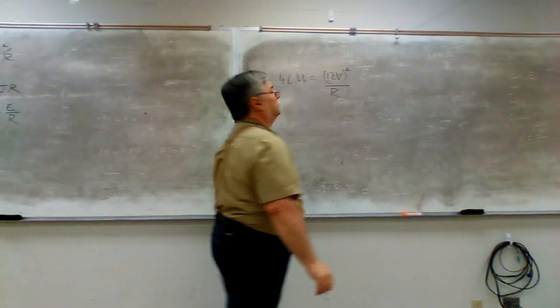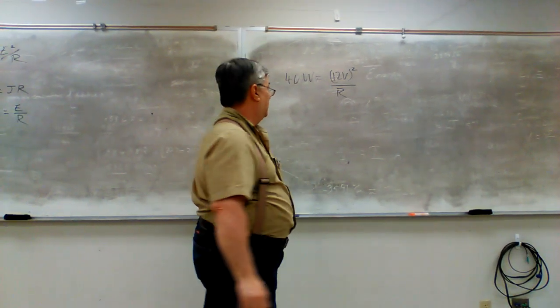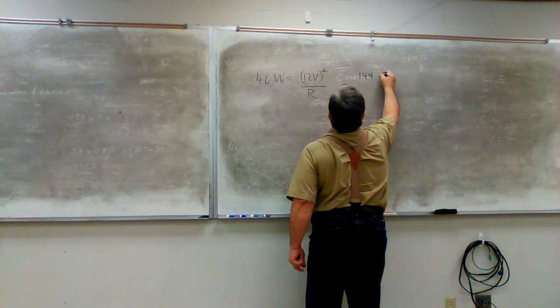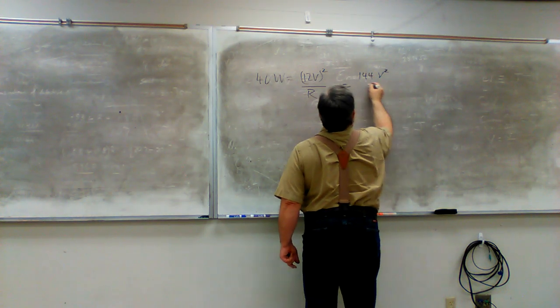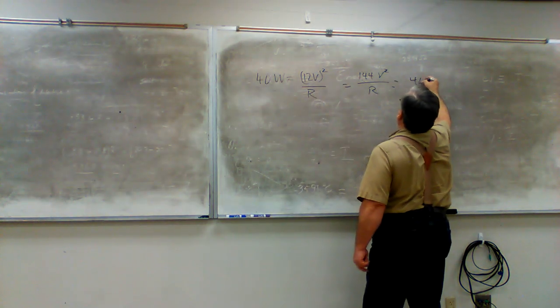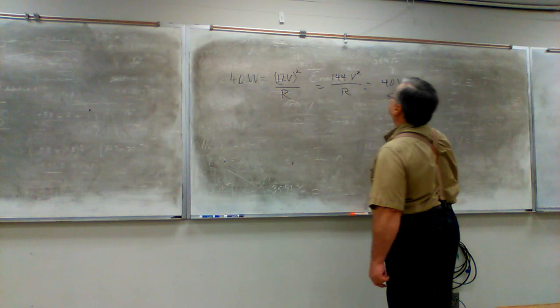V squared divided by R gives you 40 watts. 12 volts squared is 144 square volts, divided by R is equal to 40 watts.